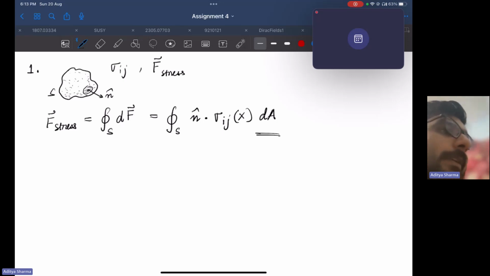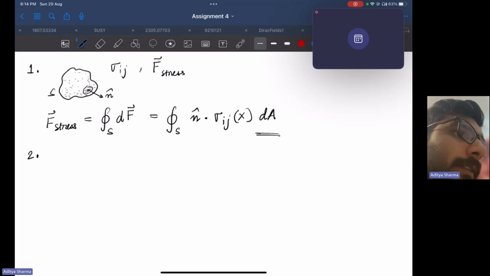Now suppose a body force is also being applied here. Stress is something which is applied from outside.